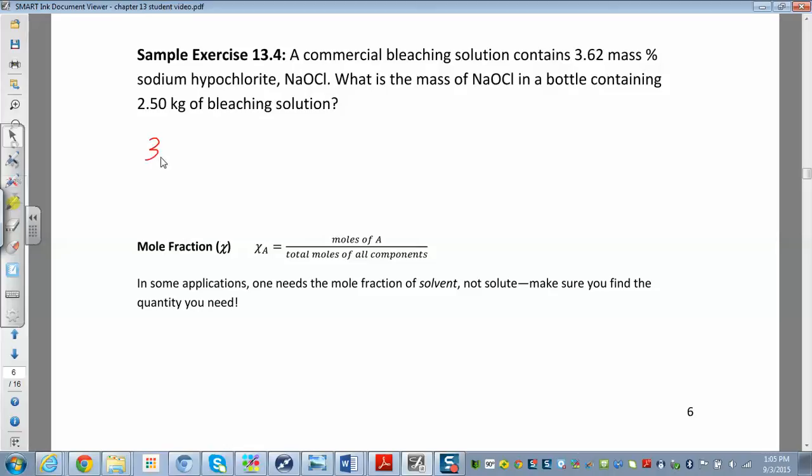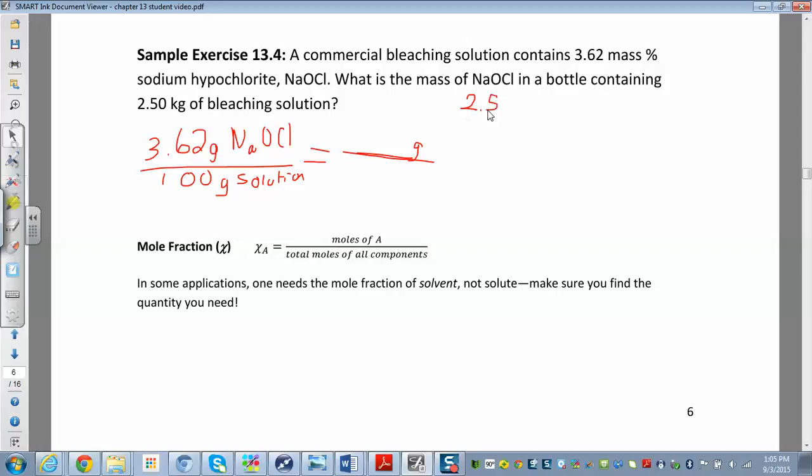If I have 3.62 mass percent, that's like saying I have 3.62 grams of the sodium hypochlorite over 100 grams of solution. Now I want to know how many grams of sodium hypochlorite I have in 2.5 kilograms. Can I convert that to grams first, and then I can just set up a proportion?